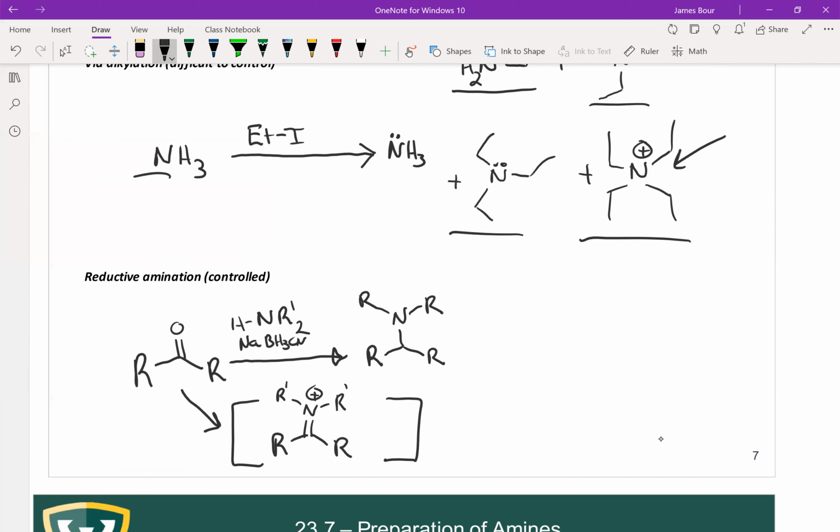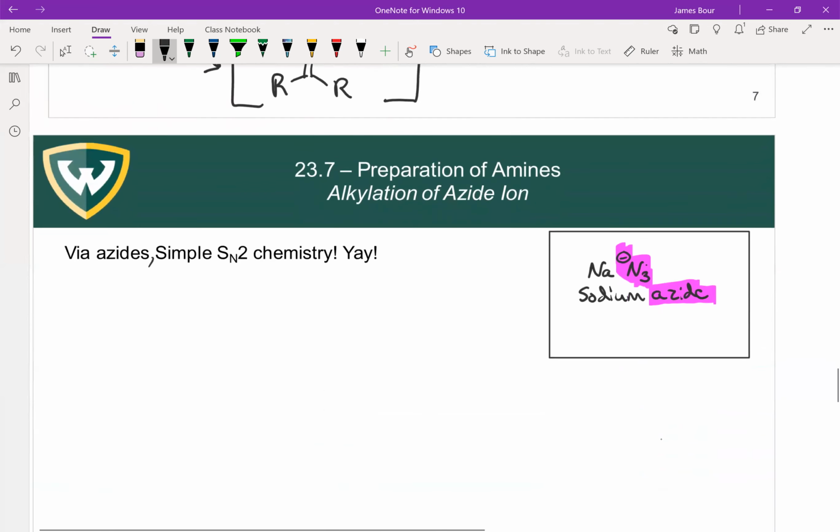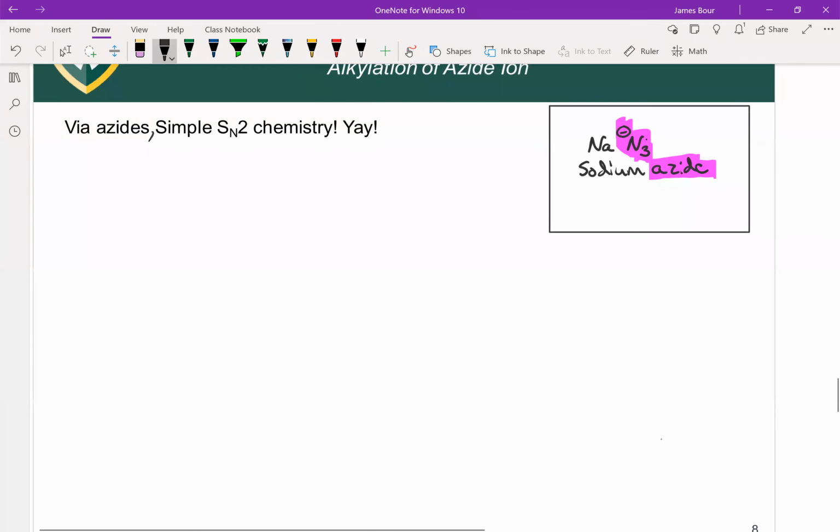It goes through this iminium intermediate and a hydride gets added to the iminium ion. This is reductive amination, and this is indeed highly controlled, but due to the reagents is not always compatible with the synthetic method. Now there's another method that is highly selective for the synthesis of amines. However, it comes with another set of problems.